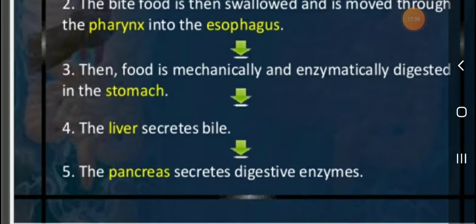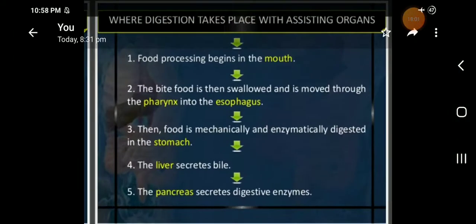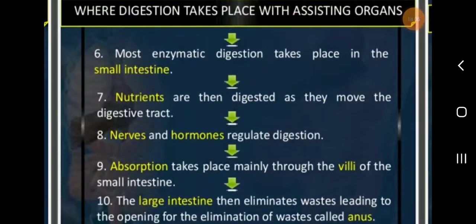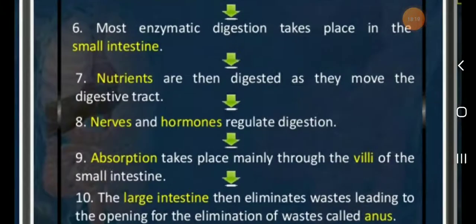The pancreas secretes digestive enzymes. Most enzymatic digestion takes place in the small intestine. The nutrients are digested as they move through the digestive tract.